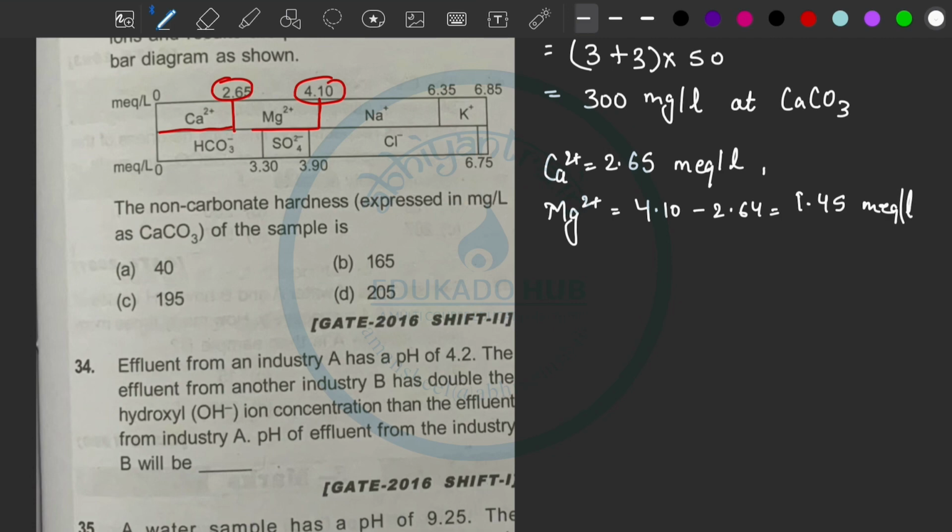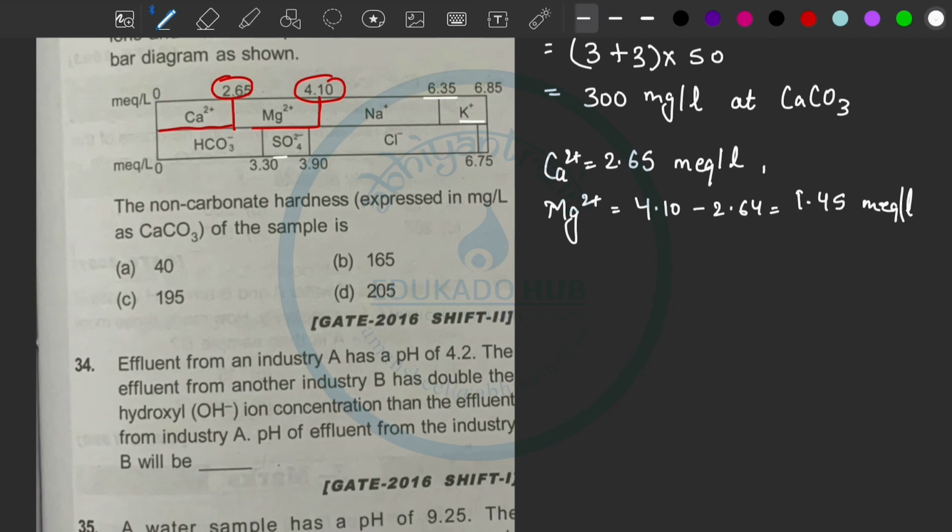Sodium we can also get by subtracting 4.1 from 6.35, but we don't need sodium, potassium, sulfate and chloride. For alkalinity we need the bicarbonate, which is 3.3 milliequivalent per liter.